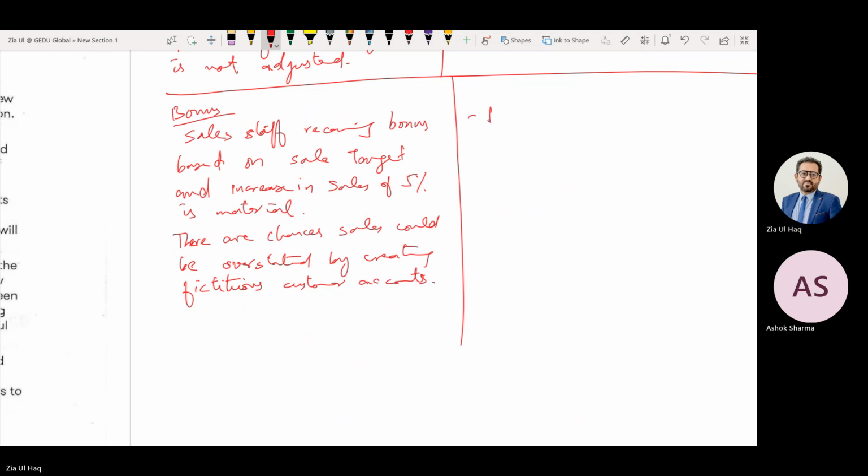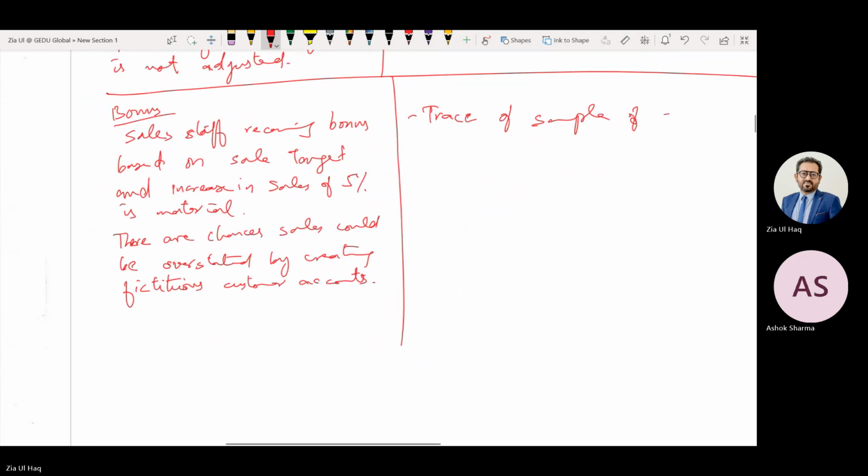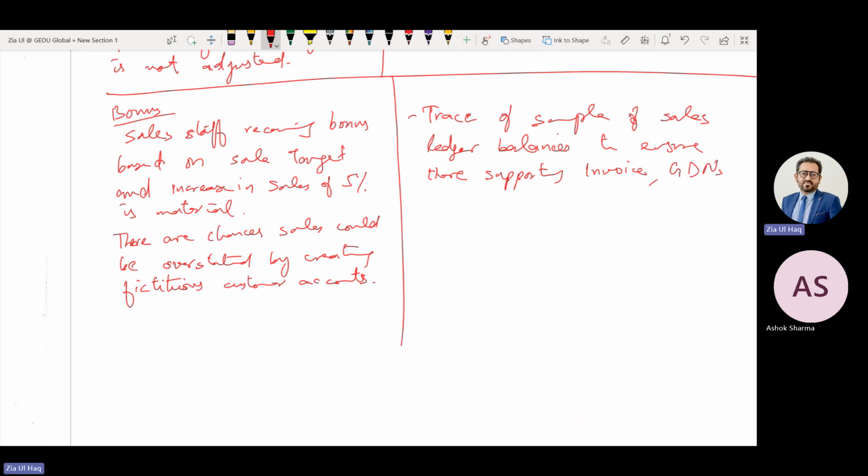Trace a sample of sales ledger balances to ensure there are supporting invoices, GDNs and orders from the customer.